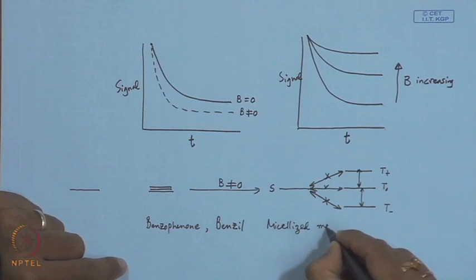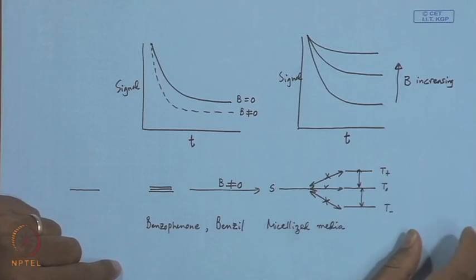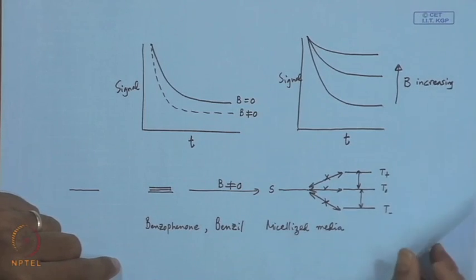But in the other case, if you take neat solvent, say for benzophenone, do you expect any magnetic field effect? The answer is that the magnetic field effect is very feebly seen, or sometimes you cannot detect any magnetic field effect.